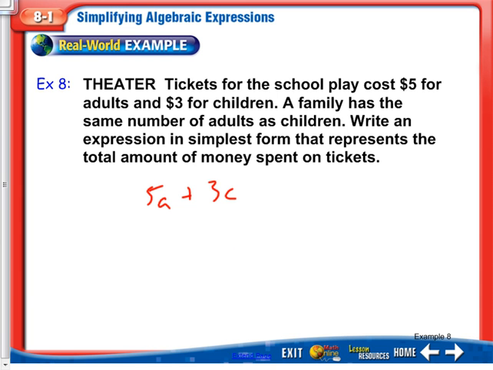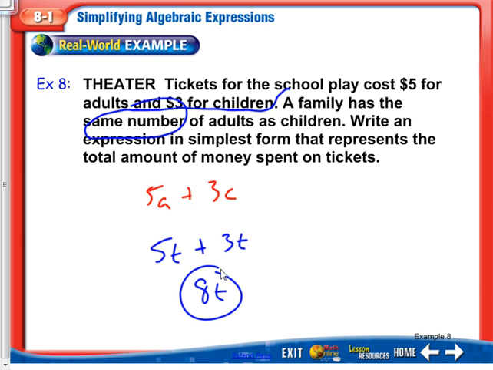But in this case, it tells us that a family has the same number. Same number is key. So I can just do 5 tickets plus 3 tickets. Then when we combine that, it's going to be 8 times t, and that'll be the total cost of all of our tickets.